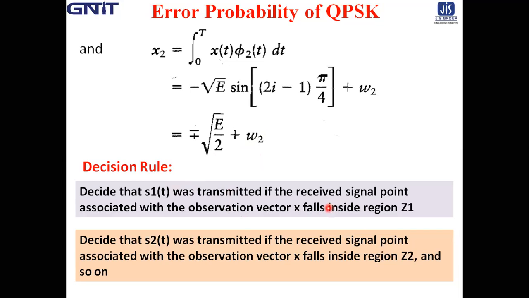Decide that s2(t) was transmitted if the received signal point falls inside region Z2, and so on. An erroneous decision will be made if, for example, signal s4(t) is transmitted, but the noise w(t) is such that the received signal point falls outside region Z4.